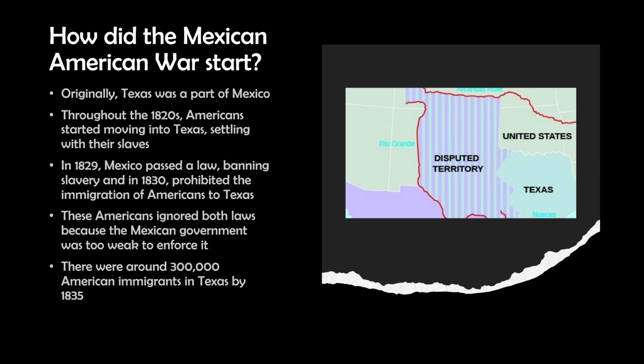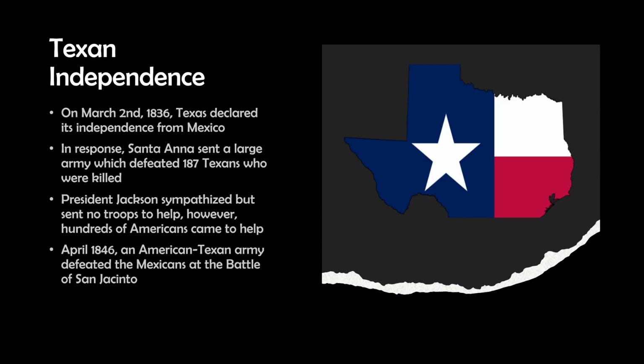There were around 300,000 American immigrants in Texas by 1835. Texas independence: on March 2nd, 1836, Texas declared its independence from Mexico. That picture on the right is wrong, it's missing a bit of Texas. In response, Santa Anna, a Mexican general, sent a large army which defeated the Texans, killing 187.